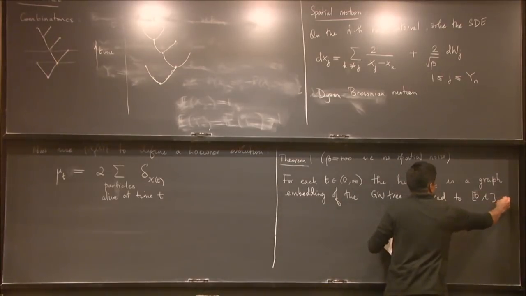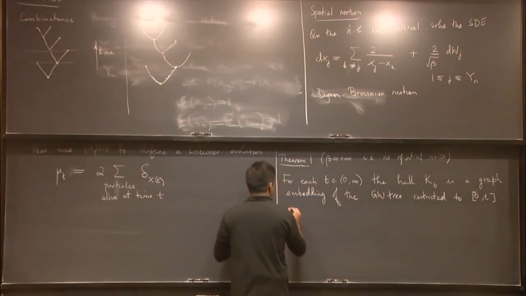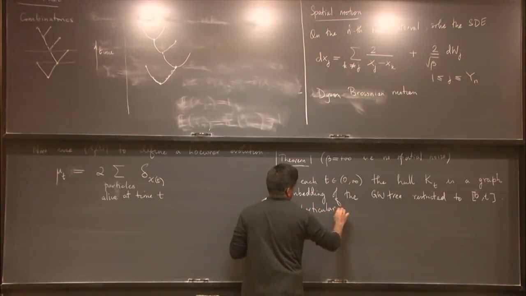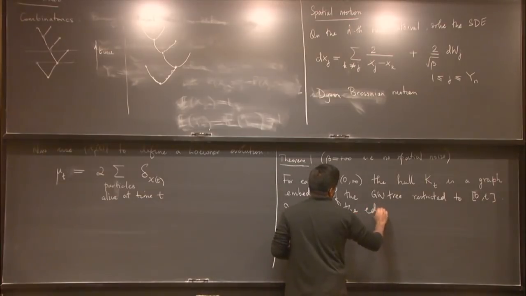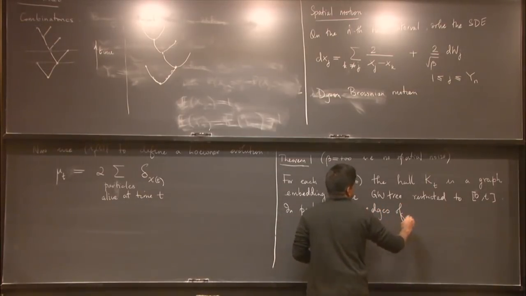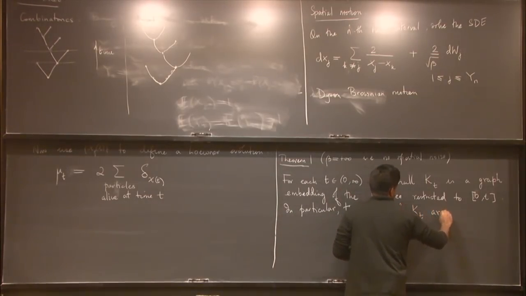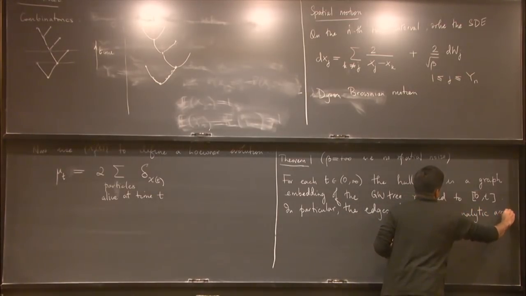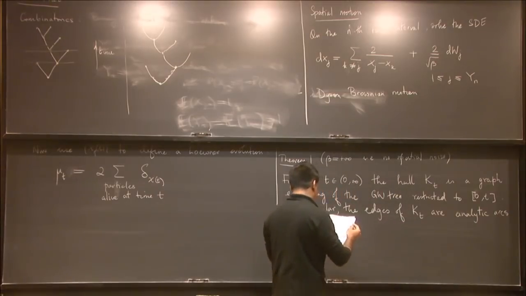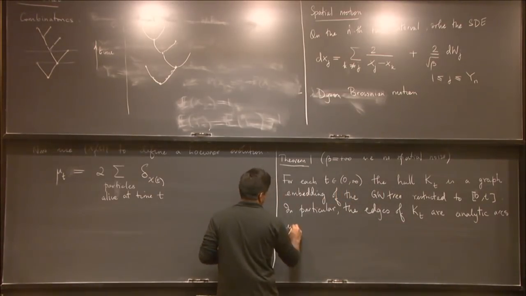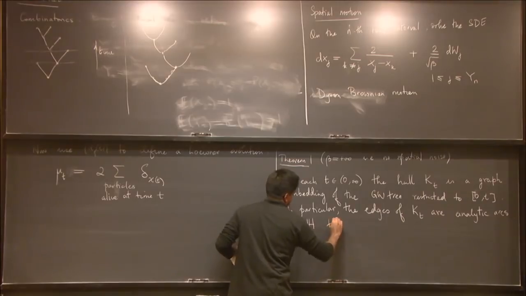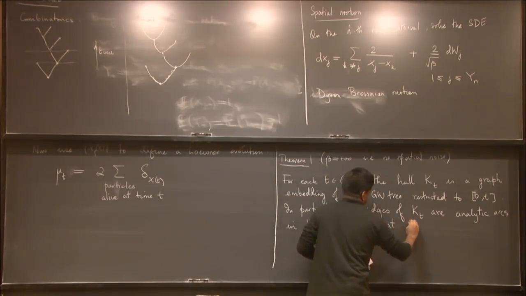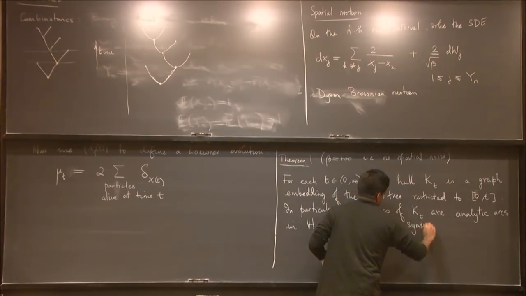I didn't quite define what graph embedding means. In particular, the edges of K_T are analytic arcs in the upper half plane that meet at symmetric triple junctions.